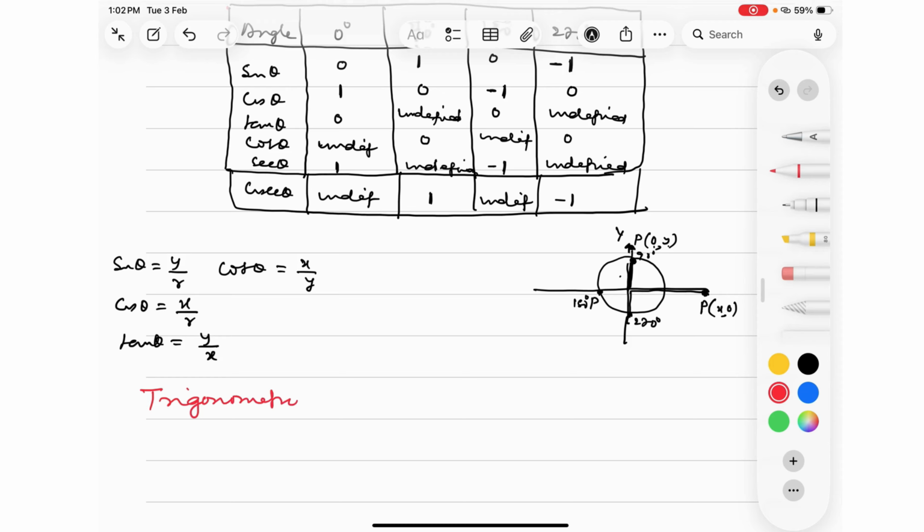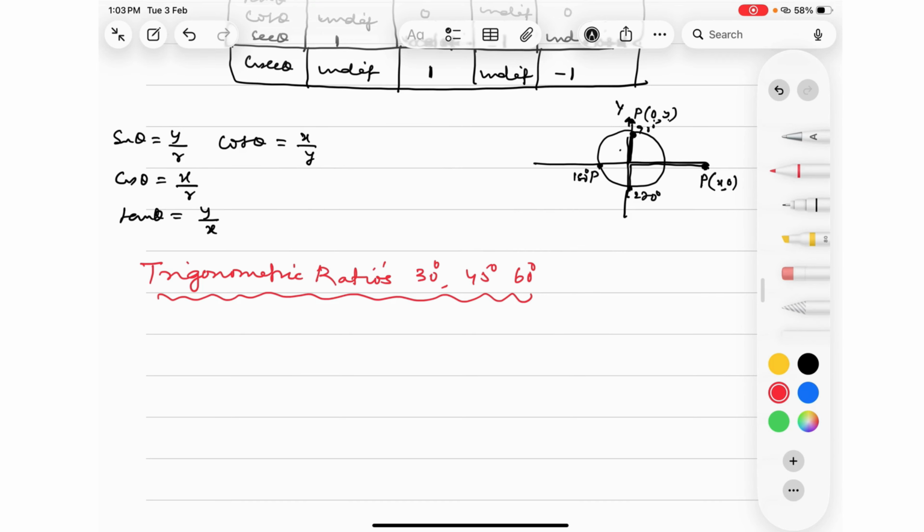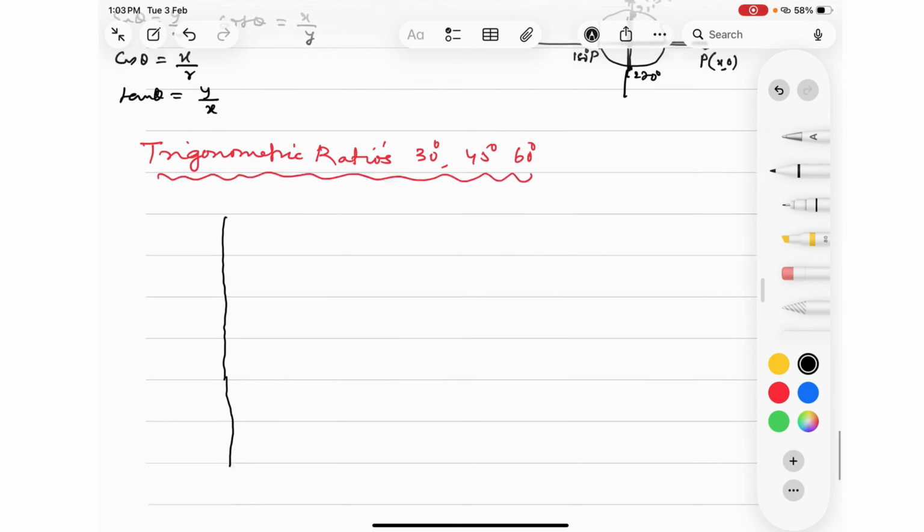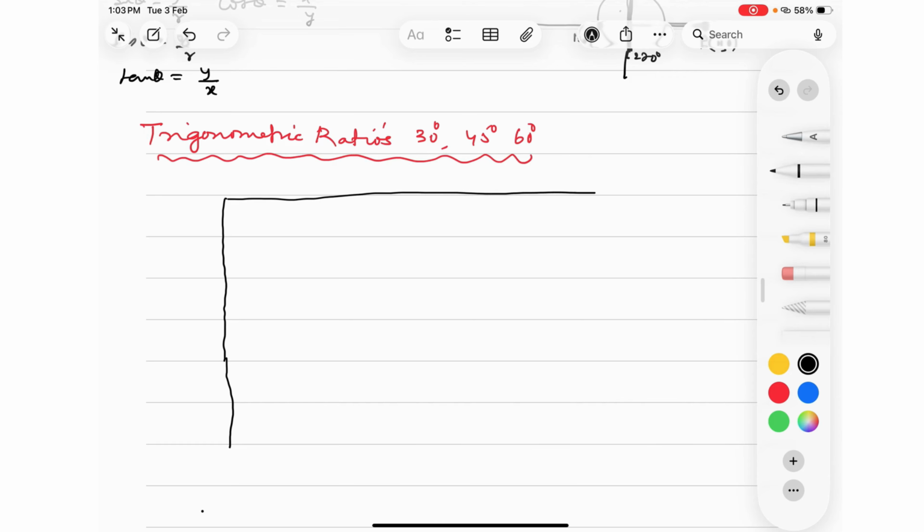Okay. Now let us come to trigonometric ratios of 30 degrees, 45 degrees, 60 degrees. Now let us try to draw one table which gives us these trigonometric ratios of 30, 45 and 60 degrees. All 6 trigonometric ratios.